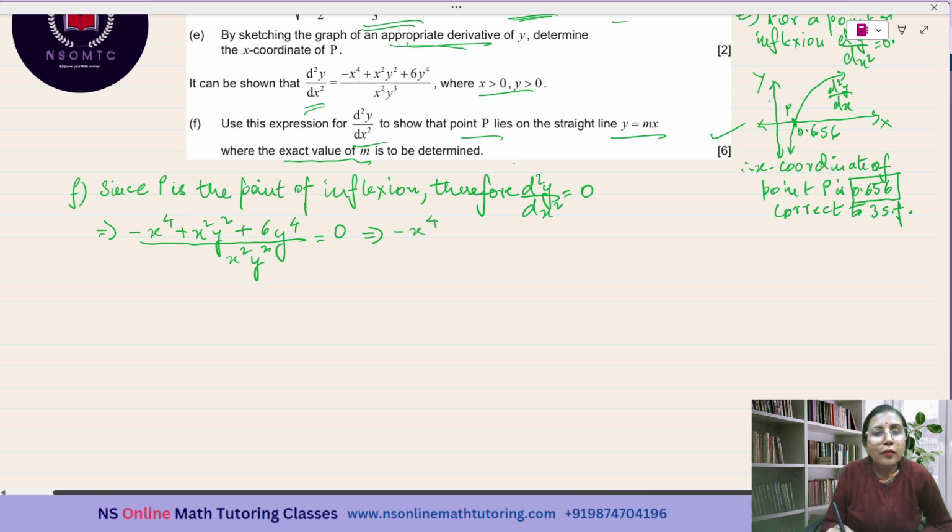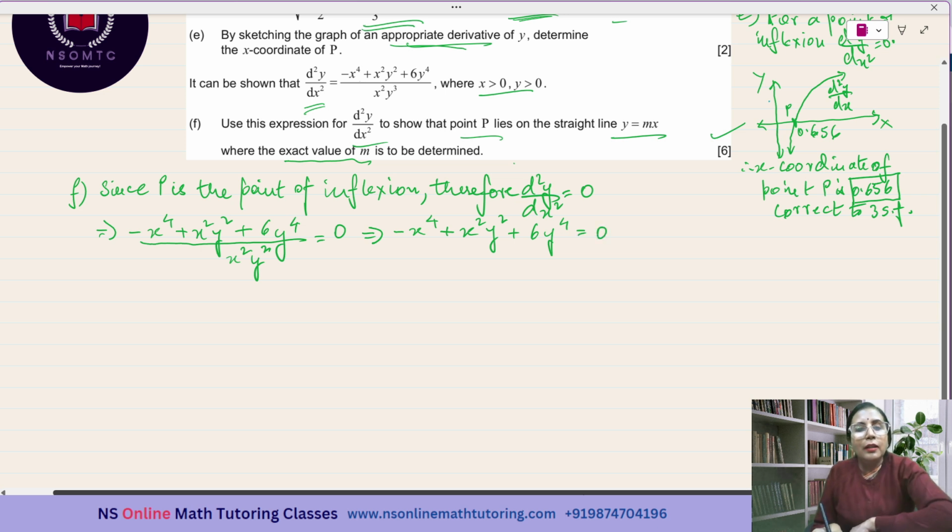Whenever you have a fraction equal to 0, then safely you can take the numerator to be equal to 0, because if you multiply both sides with the denominator, you get the numerator equal to 0. So minus x to the power of 4 plus x square y square plus 6y to the power of 4 is equal to 0.